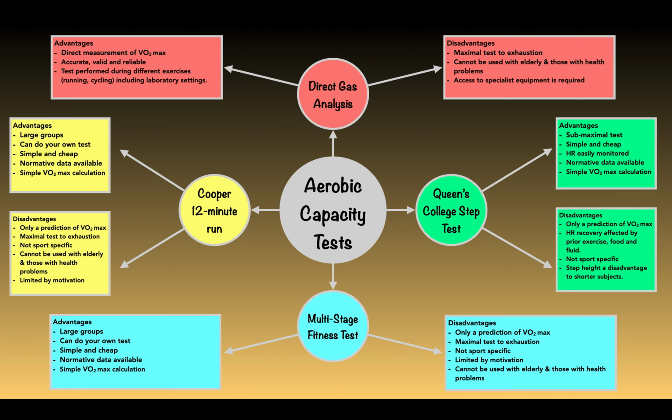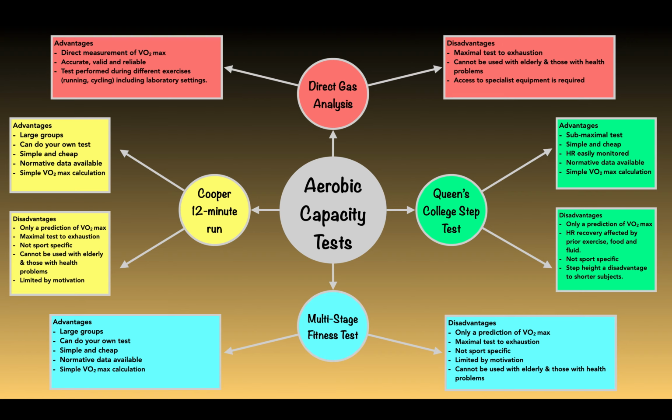Now, at the end of the 12 minutes, the test ends and the total distance covered is recorded. Obviously those cones will probably be placed at 100 meters, so you can see the distance covered. This is a maximum intensity test, like I've mentioned. And again, using a simple calculation, it predicts VO2 max. Okay, I'm sure you've all probably attempted a Cooper run, but maybe not on a 400-meter track.